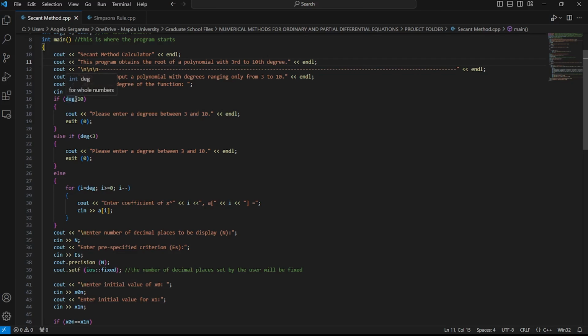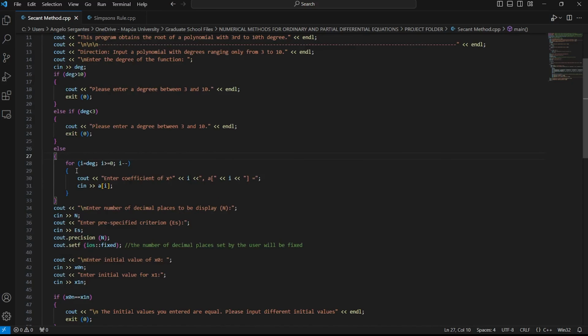If the degree of the function is greater than 10, an error will be produced. If the degree is less than 3, there will also be an error. If the degree is within the range, the program will ask for the coefficients, starting from the degree that was entered.